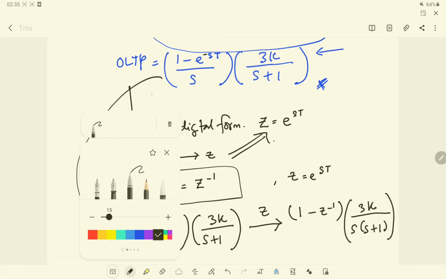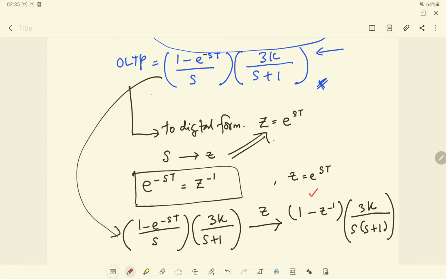So we have already converted these parts, but we haven't settled this part yet. We still have s, which represents the frequency domain.